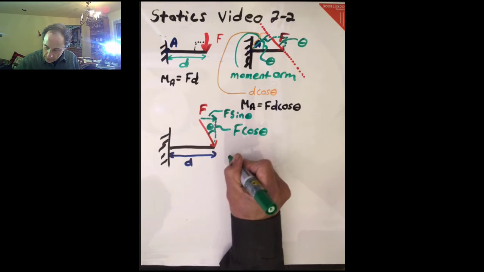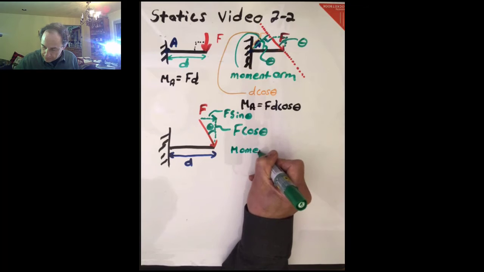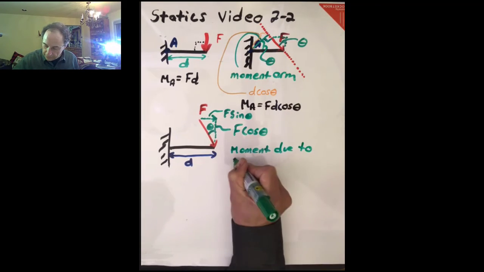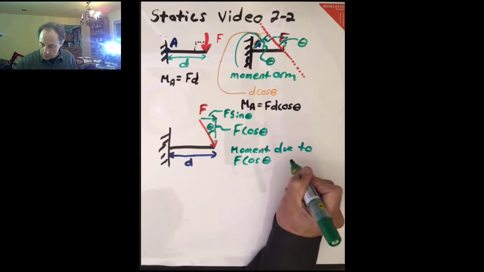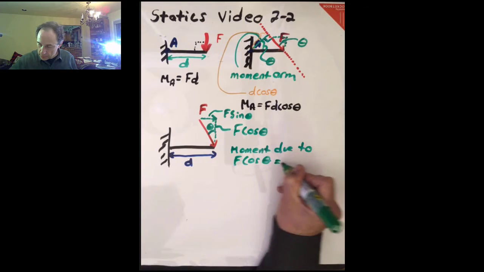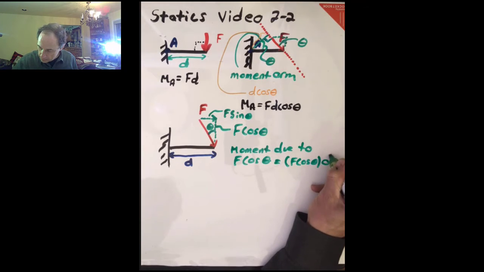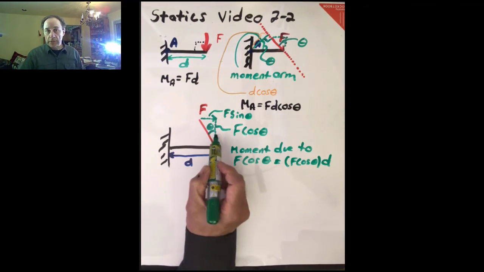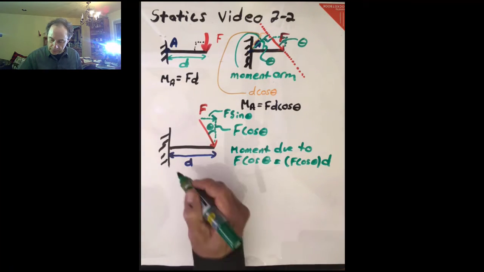The moment due to F cosine theta equals F cos theta times d, because that's the perpendicular component, so d is going to be the moment arm.